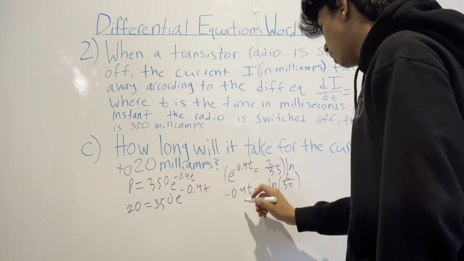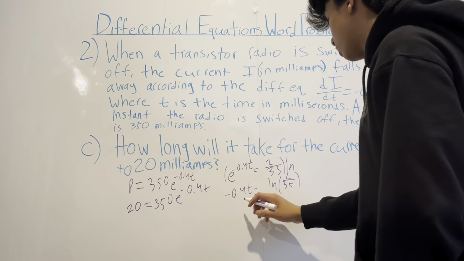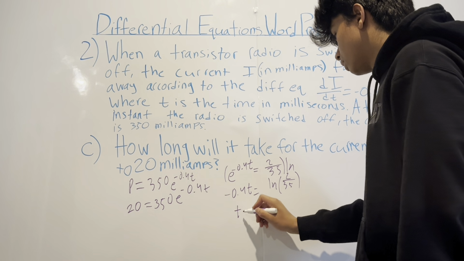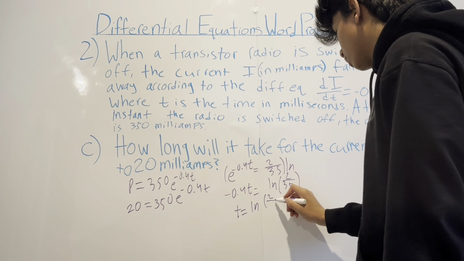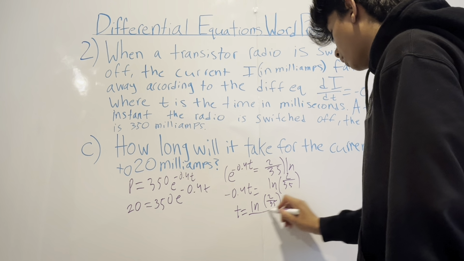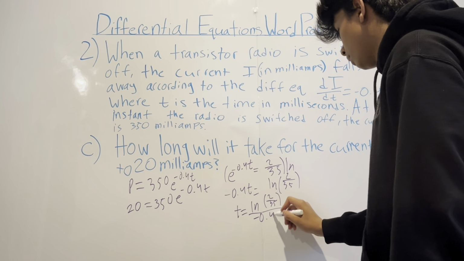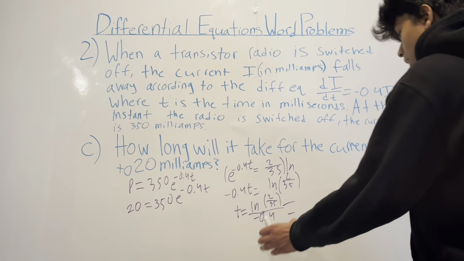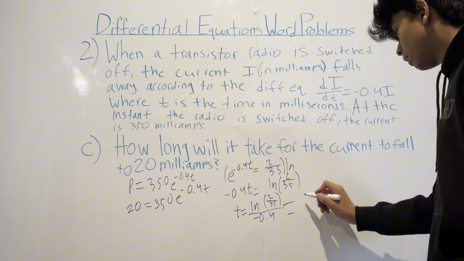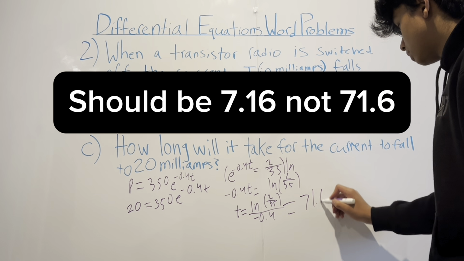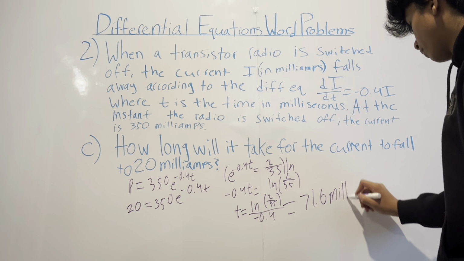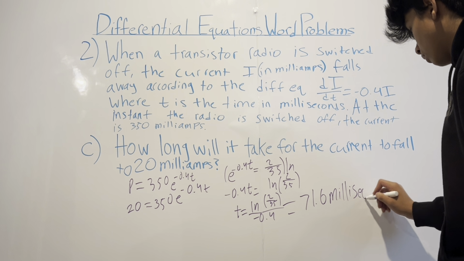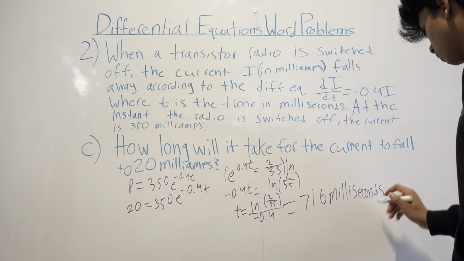And then we can divide both sides by negative 0.4 to get t equals ln 2 over 35 divided by negative 0.4. And this is the exact answer, but if you put this into a calculator, you'll get 71.6, and the units are milliseconds. And this is the final answer.